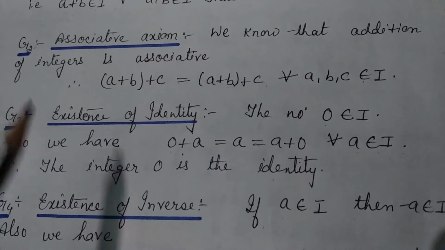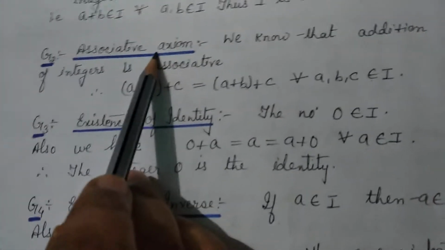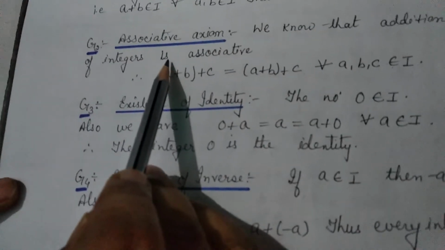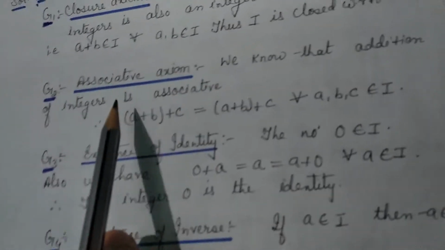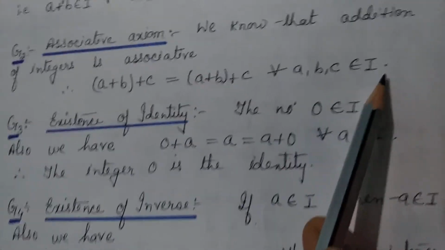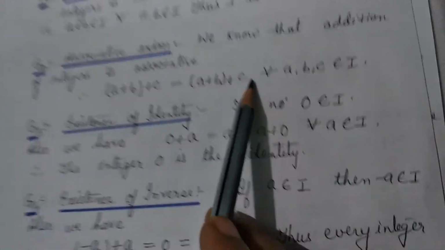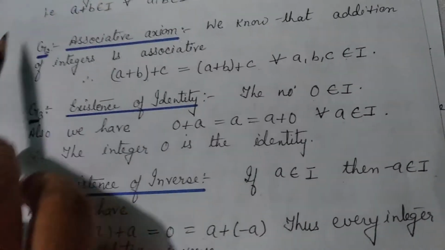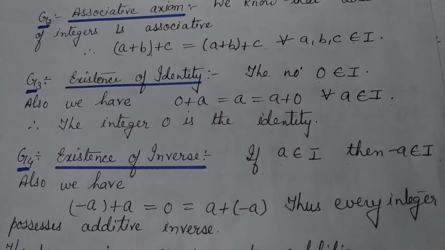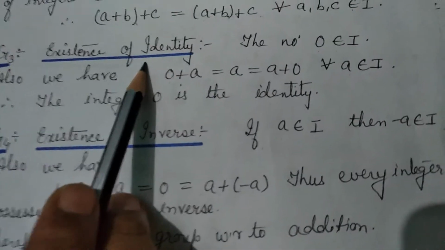The second axiom is the associative axiom. We know that addition of integers is associative. Therefore, for all a, b, c belonging to I, (a + b) + c is equal to a + (b + c). So the second axiom is also satisfied. The third axiom is existence of identity.